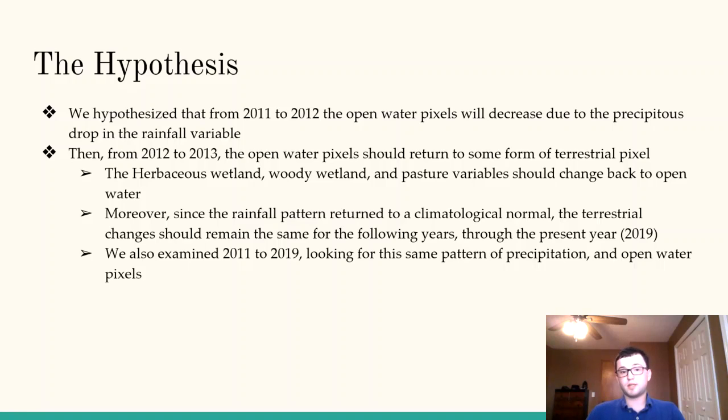The herbaceous wetland, woody wetland, and pasture variables should change back to open water. Moreover, since the rainfall pattern returned to a climatological normal, the terrestrial changes should remain the same for the following years through the present year. We also examined 2011 to 2019 to lend some context to this pattern of precipitation and open water variables.